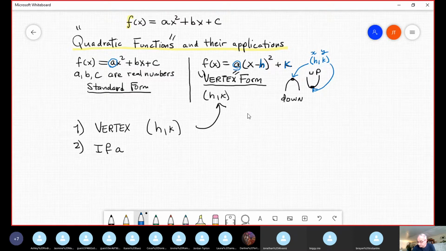If A is positive, meaning greater than 0, our parabola opens up, like that.